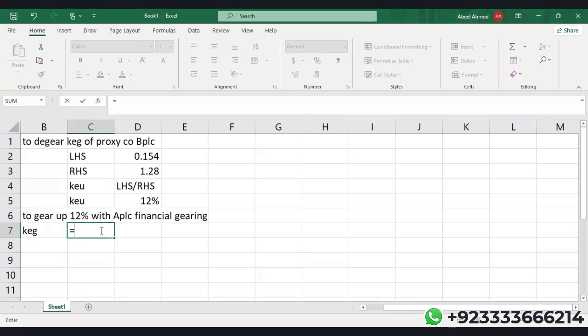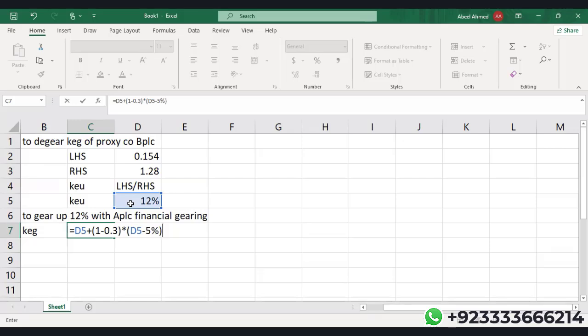You can write 0.12, you can directly take 12%, there's no issue at all. Let's say if I take 12% plus 1 minus tax rate, multiply by bracket KU minus KD. Can I say KD is 5%?